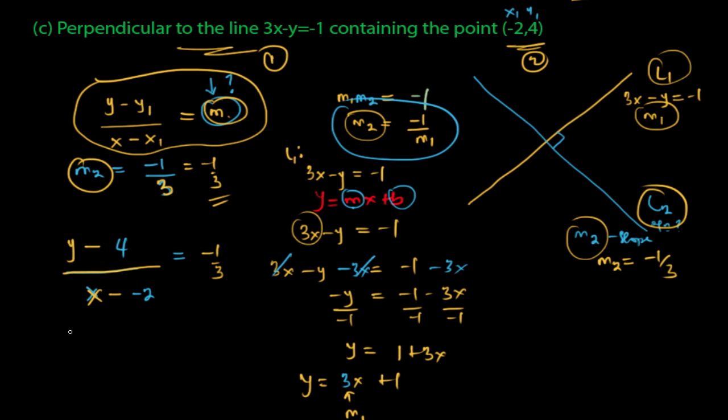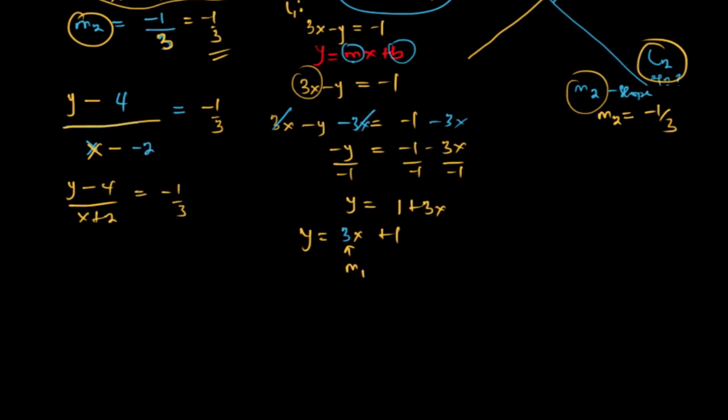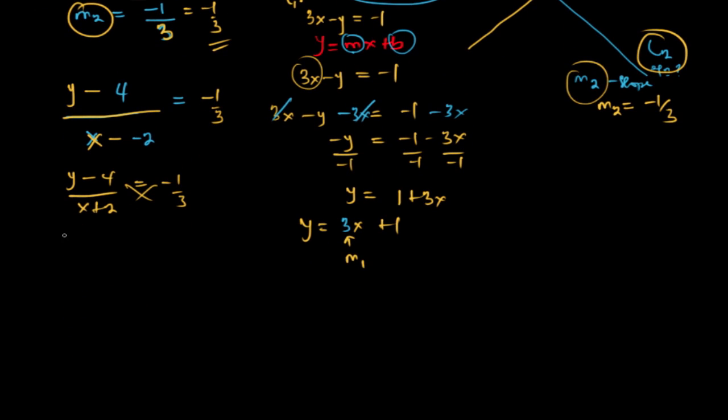So let's simplify that. We have y minus 4 divided by x plus 2 equals -1 all over 3. To simplify this, we cross multiply. When you cross multiply, you have 3 into y minus 4 equals negative 1 into x plus 2.